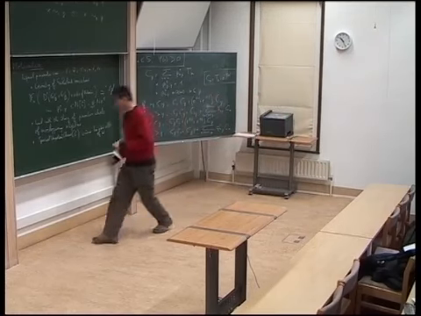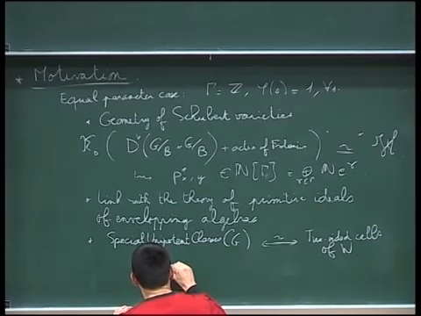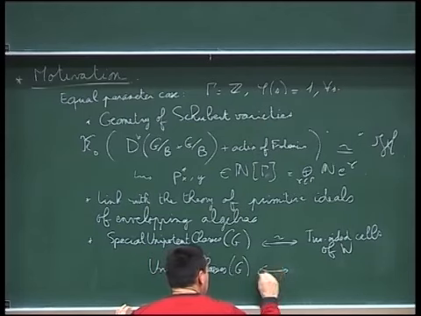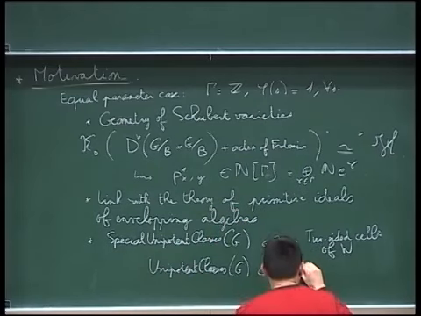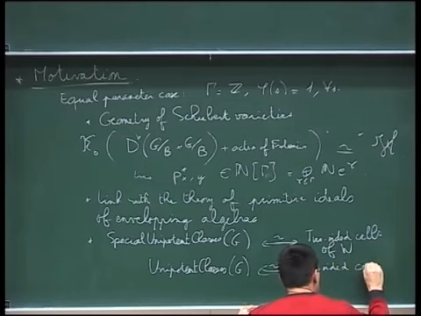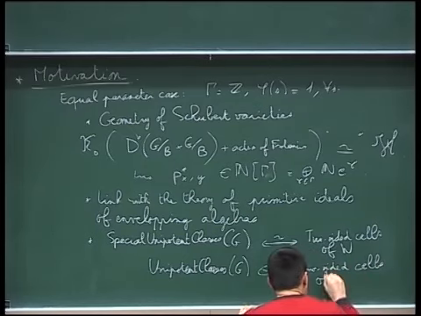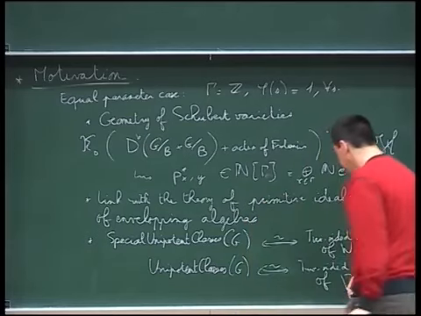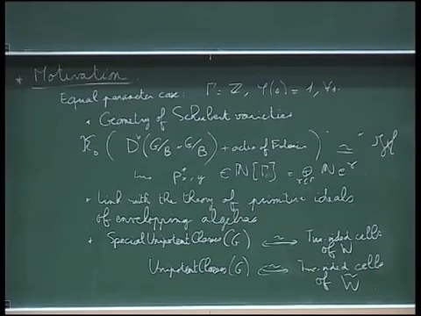And there is also a bijection between the unipotent classes and the two-sided cells of the affine Weyl group, let's say W tilde, where W is the Weyl group of G.